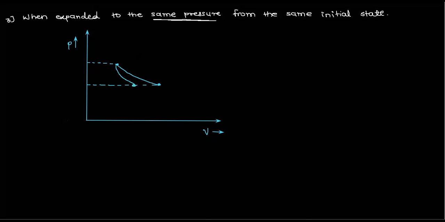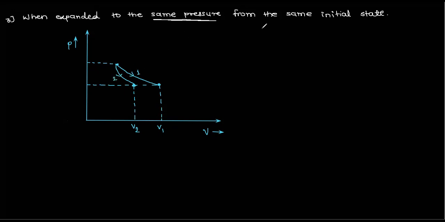Okay, so here is V2, here is V1, and this one is 1, this one is number 2.